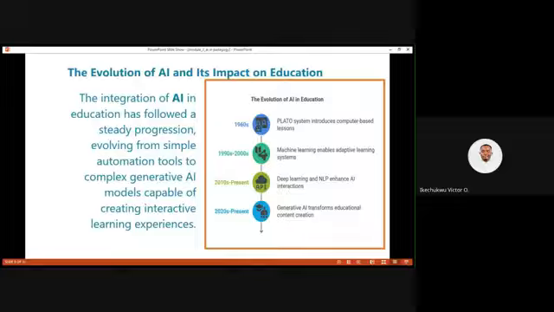Then it went further from the 2010s down to the present, what we have today. We had features of deep learning and NLPs, natural language processing, where AI systems can literally detect things. They can communicate. They can pick voices.